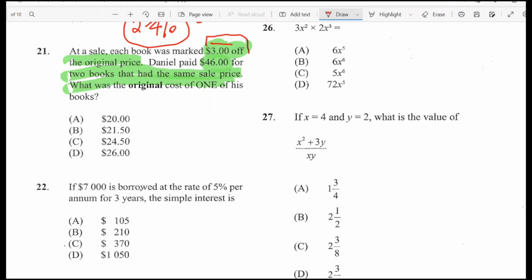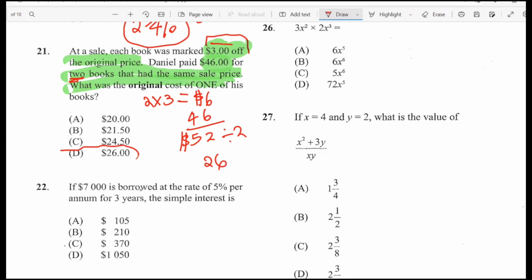So that means if he bought 2 books, then he got $6 off, right? Because $3 would have come off 1. So $6 came off everything altogether. So if you said, okay, let's add that 6 to the 46, we would have known that this person would have paid $52 for the 2 books. But they want to know the cost for 1. You divide this by 2. You get $26 for 1 book.